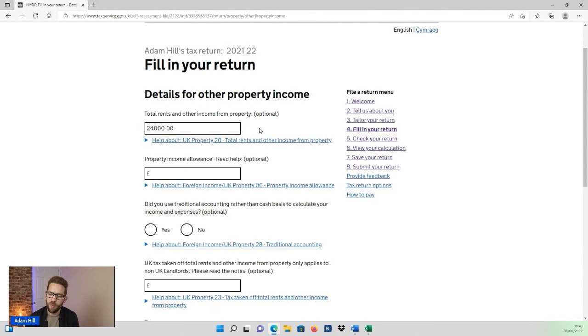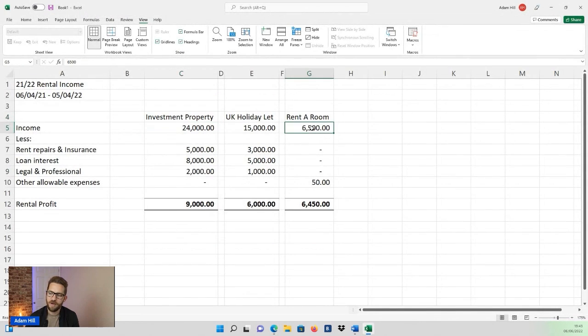Now, it's important to point out here that I had rental income that was covered by rent a room relief. And if you remember, I told them that the full amount was covered by rent a room, in which case I've already mentioned to you that you don't need to declare that income again on the self-assessment tax return because it's already covered by the allowance.